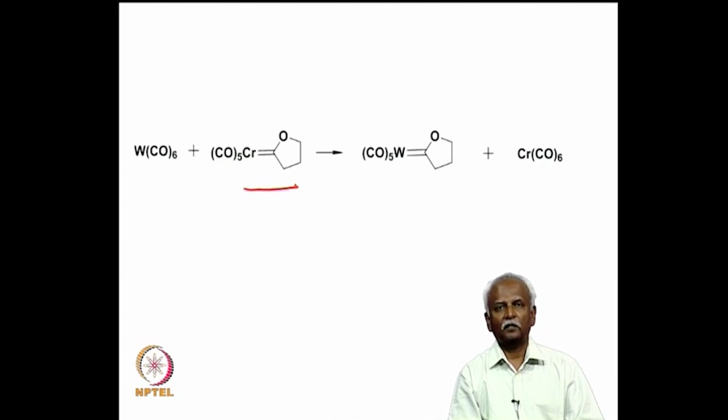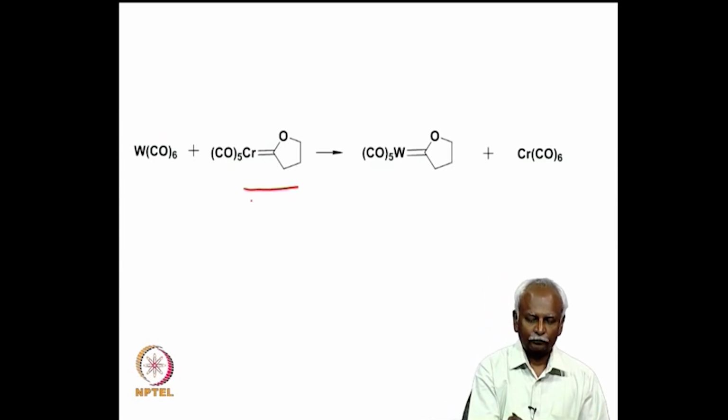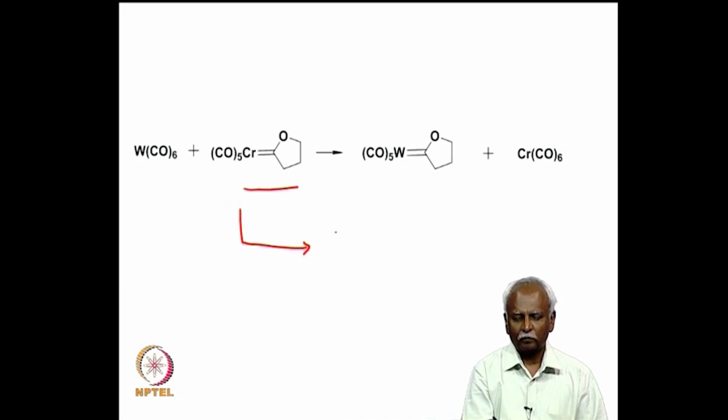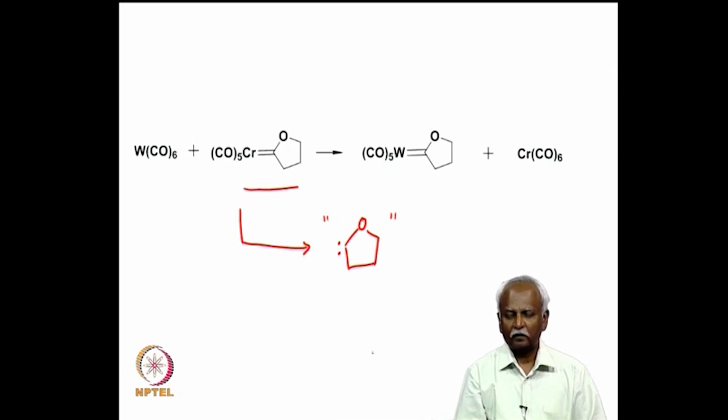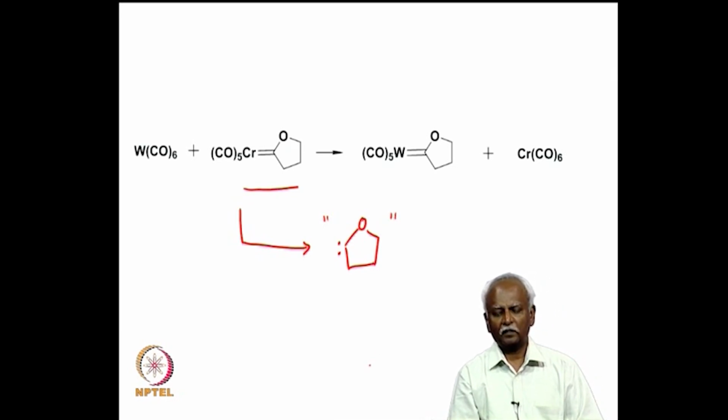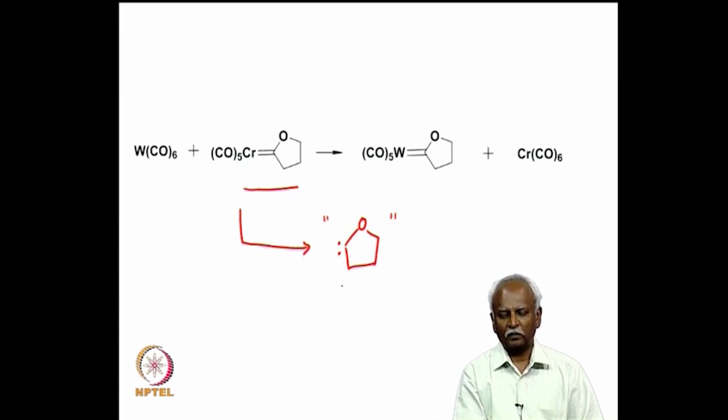Whether this reaction happens in a bimolecular fashion, or whether there is an equilibrium between this system and the free carbene, is not particularly clear, but nevertheless, it's clear that the final product is a tungsten which is coordinated to this carbene, which is also a Fischer carbene.